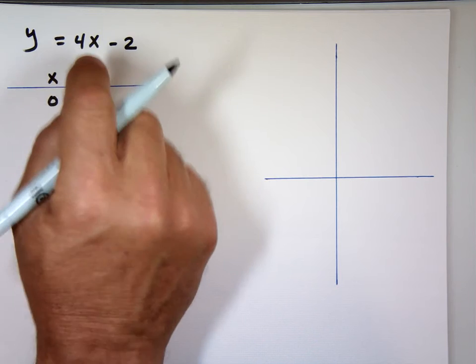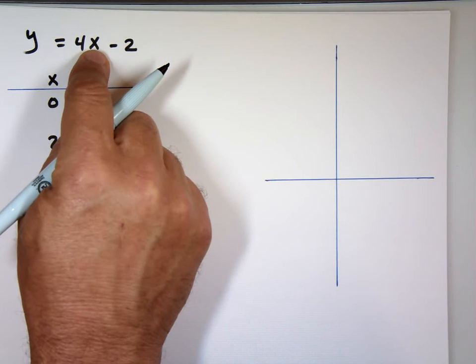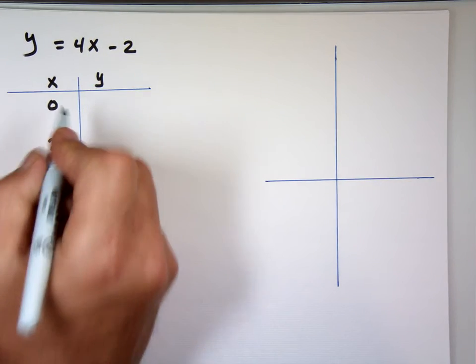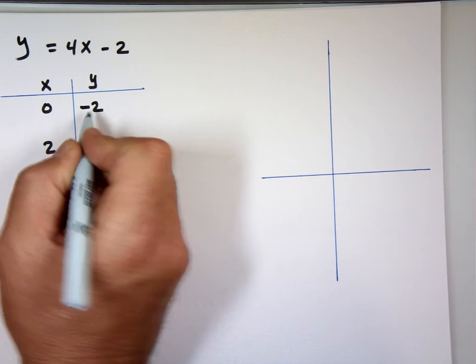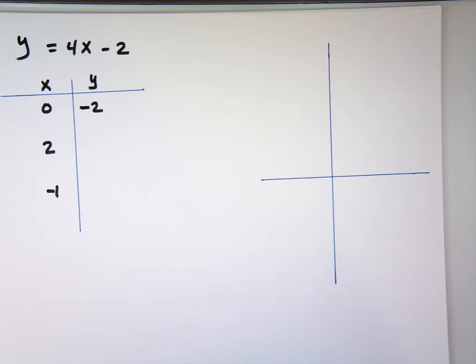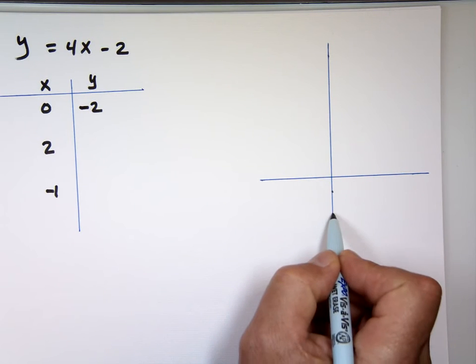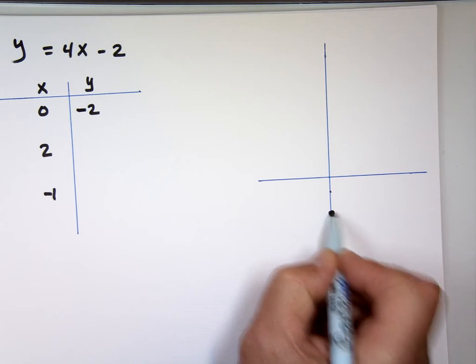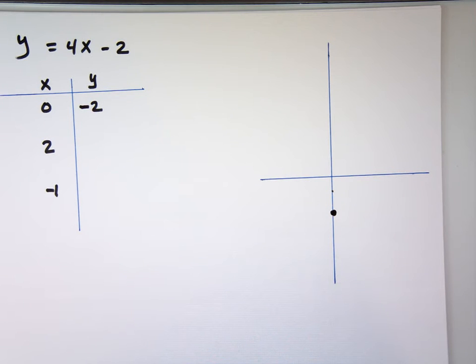What's 4 times 0? 0 minus 2? Negative 2. That's your first point, 0 and negative 2.